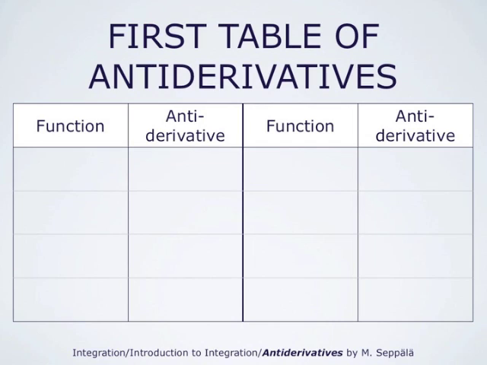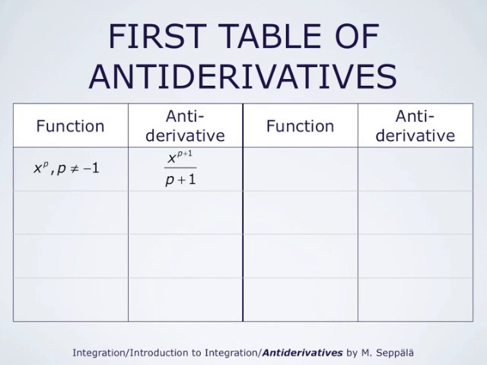From the table of derivatives, we get immediately our first table of antiderivatives. An antiderivative of x to the power p, when p is different from negative 1, is x to the power p plus 1 divided by p plus 1. If p equals negative 1, p plus 1 is 0, and therefore we cannot divide by that.